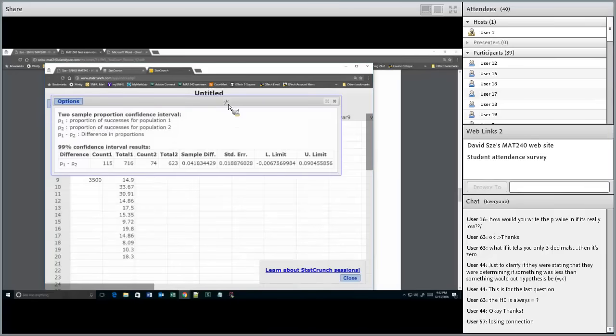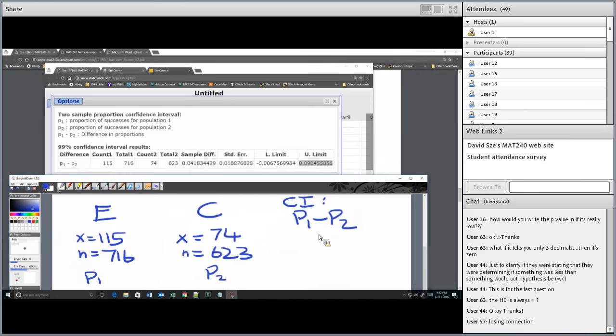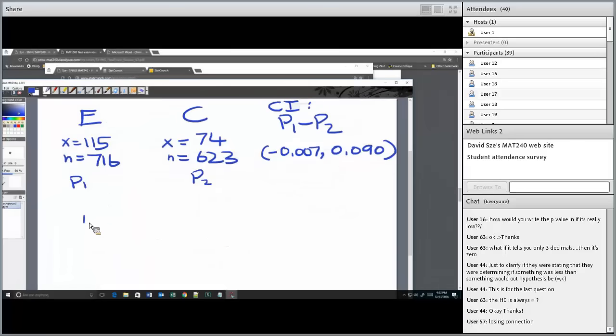And you hit compute, and you get your lower limit and the upper limit. So the lower limit, and I'm going to put these in, say, 3 decimal places, is minus 0.007. The upper limit is 0.090. So this is my proportion limit, P1 minus P2.